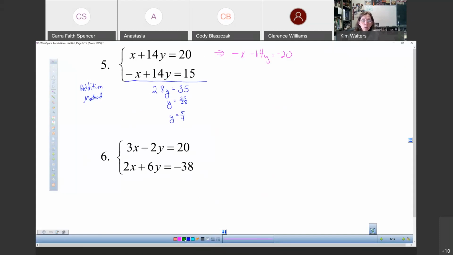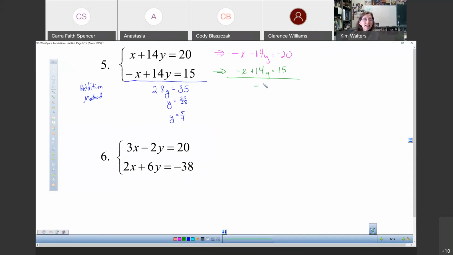Keep the second equation. So this is to find the x value. So I have negative x plus 14y is equal to 15. Do you see what I did here? Now I have the opposite signs but the same number on my y's. So now when I add them together, I eliminate the y's but not the x's.